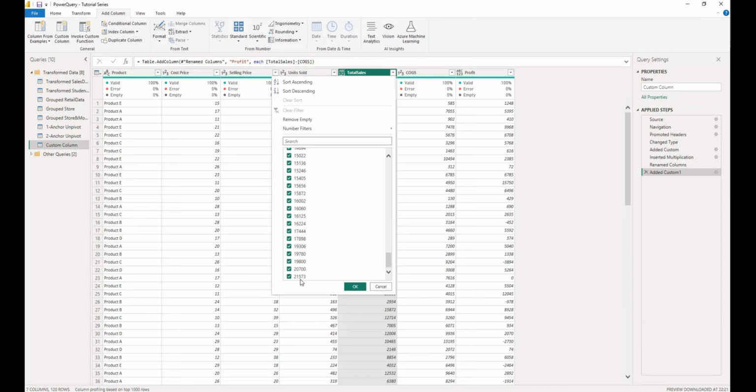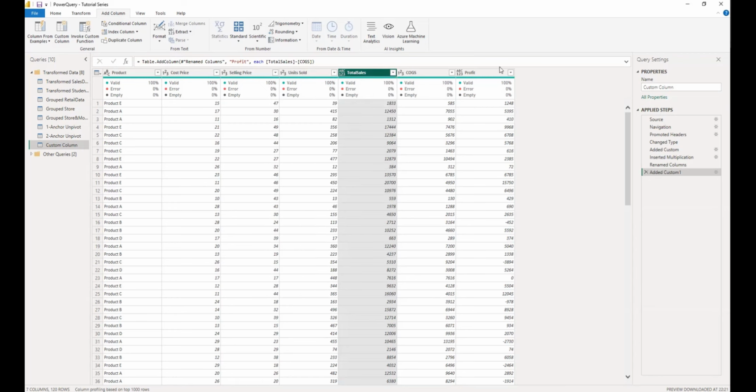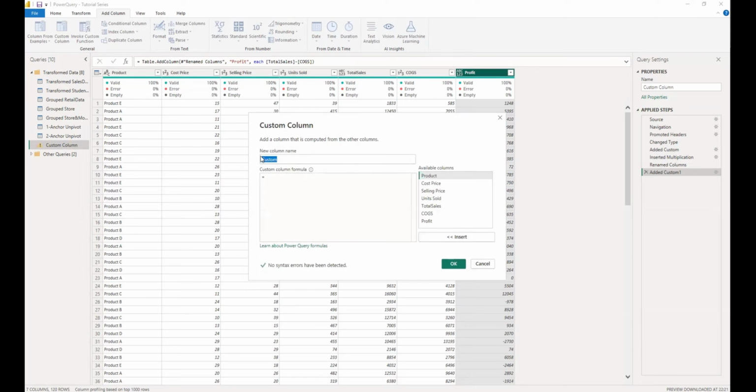Highest total sales is, or let me do that on the profits. So the idea is, because this is only for practice purposes, I'm trying to make it look more logical, right? So now I can go to my custom column and say maybe profits range.